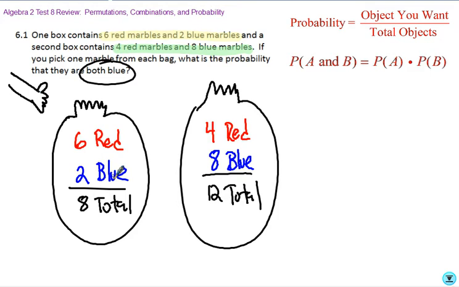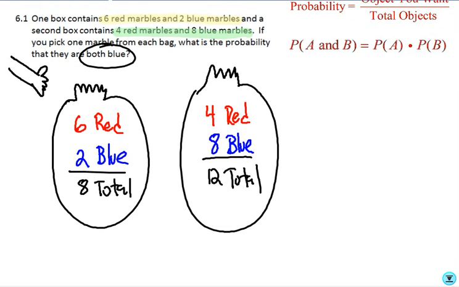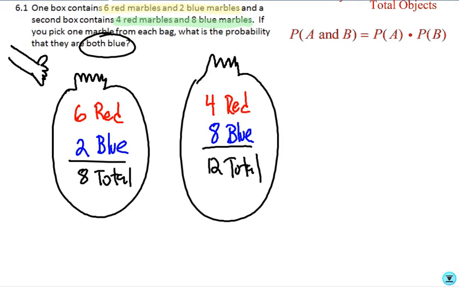Well, for the probability of 2 events, where it says probability of A and B, if you know the probability of 2 different things happening, you find the probability of each one, and then you multiply those 2 things together. So I'll say probability of blue times the probability of getting a blue out of this bag.